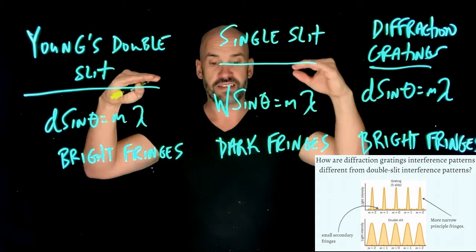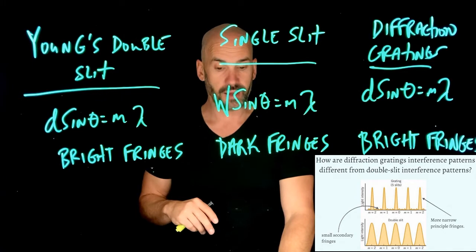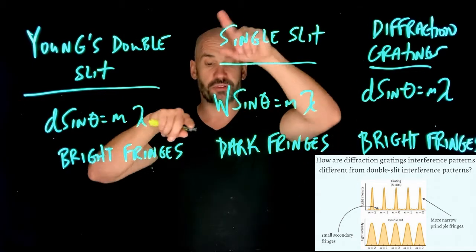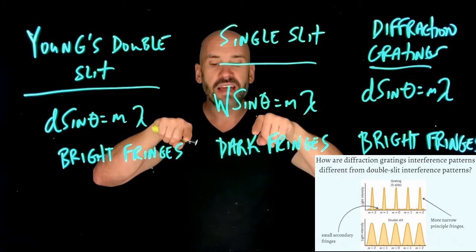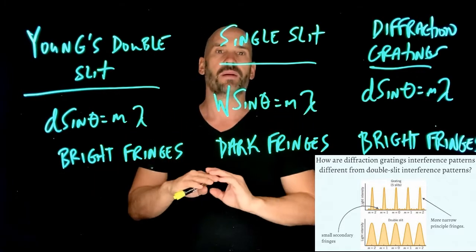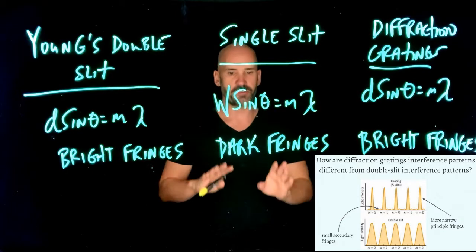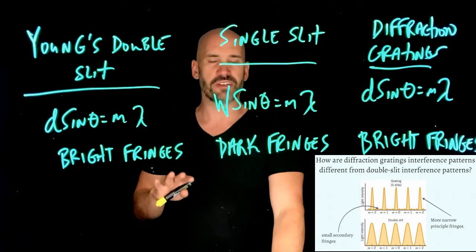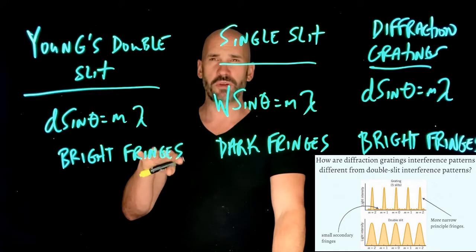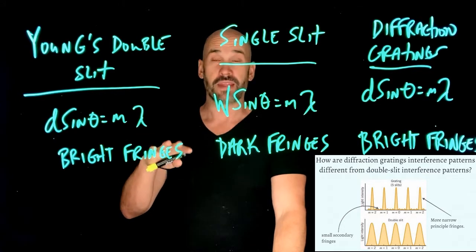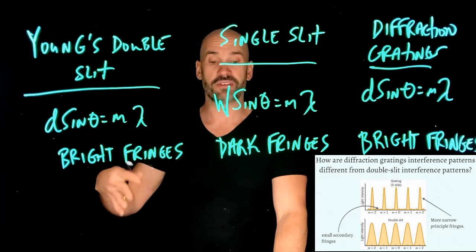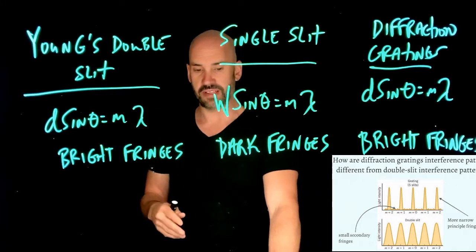For diffraction gratings, you get a strong central maximum, and you get these little tiny mini peaks in between, for reasons that we're not going to get into. It's too deep, but you have these small secondary fringes, and that's just kind of interesting to note. It might be something that if you do research in a lab on X-ray diffraction at some point, you might see and notice, and I want you to know that it's there and something that exists.